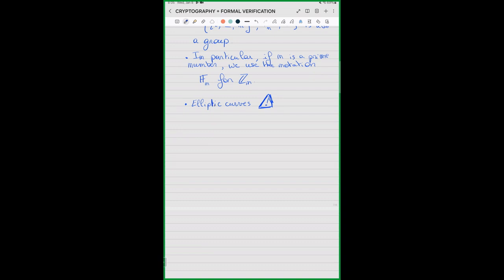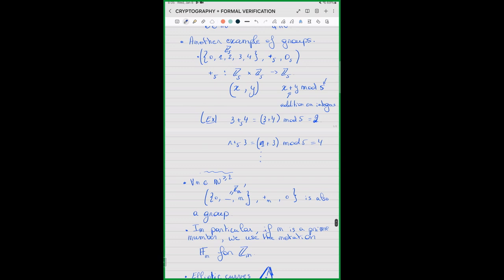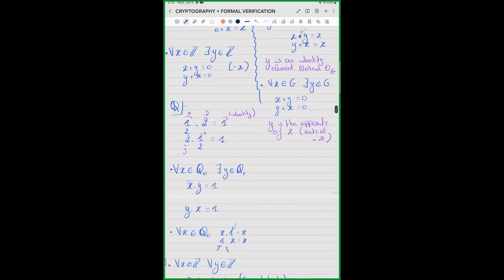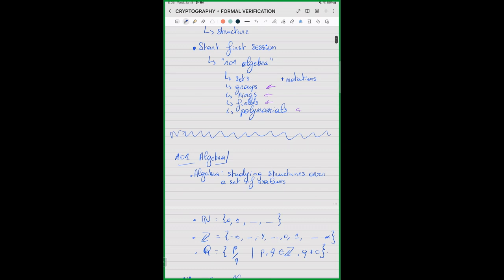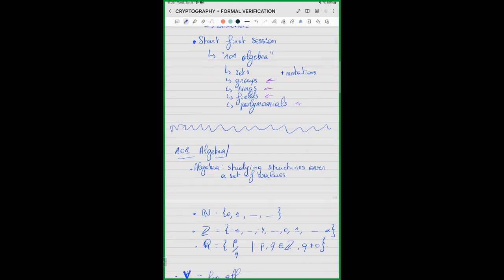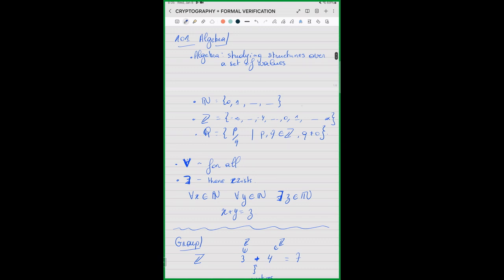It's been a long session already, so maybe we can stop for today, and next time we can do another session on the other kinds of structures. We're going to describe what rings and fields are. We always take a certain set and try to structure it in a certain way, making relations between the elements.